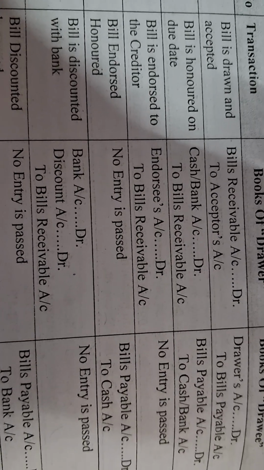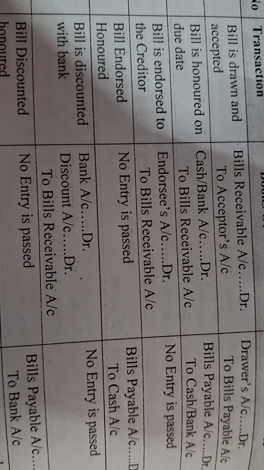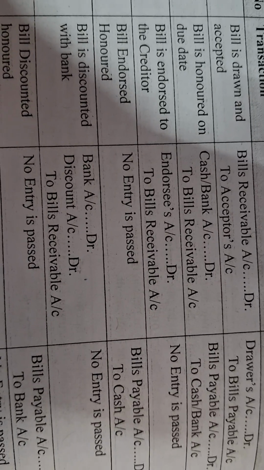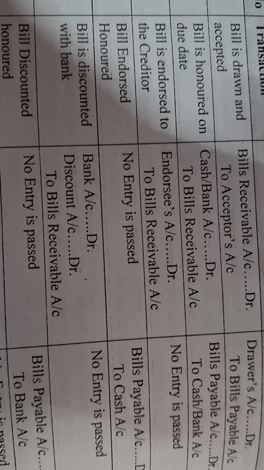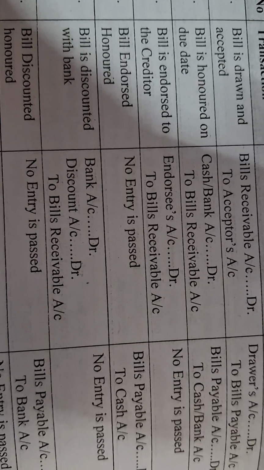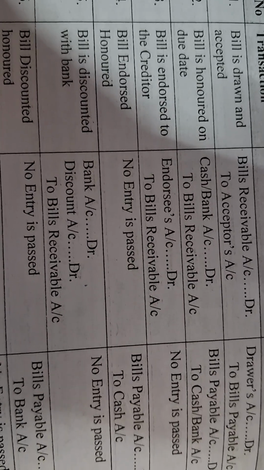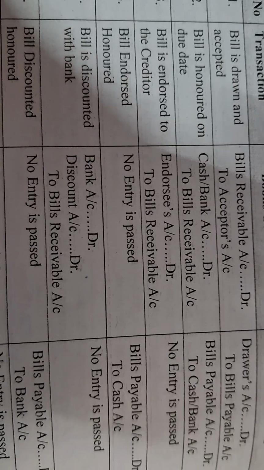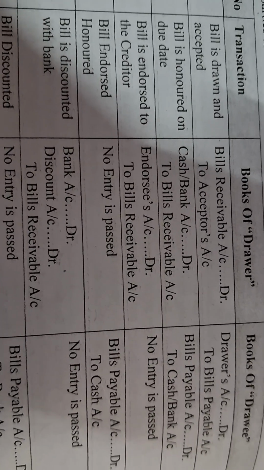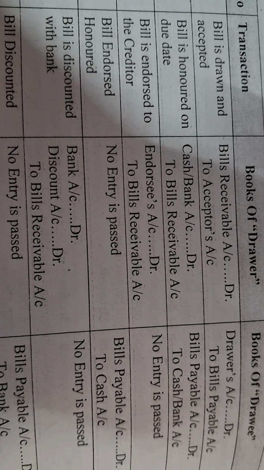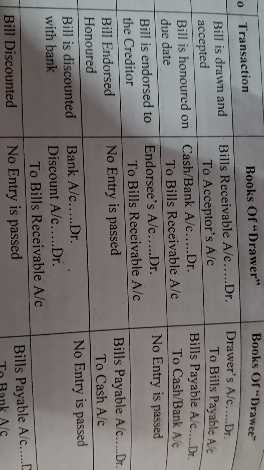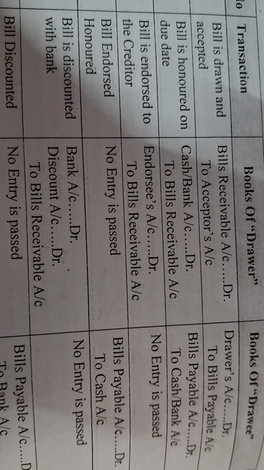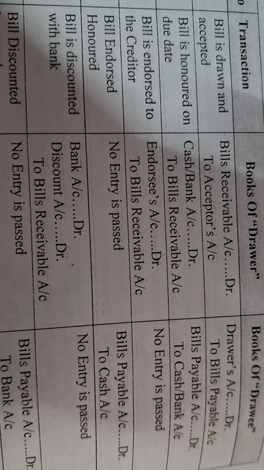Okay, so simply when the payment is being made, when the bill was honored. And in the other situation, suppose the bill is endorsed, meaning from one party to another party, they are endorsing it. It is being given to some third party. Here drawer and drawee are the two parties, right? So the third party will be involved. The same bill the drawer can endorse to some other party where he is supposed to make the payment.